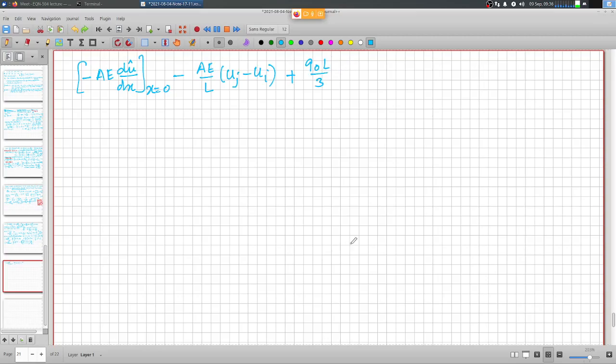That's the first equation, and this is equal to 0.